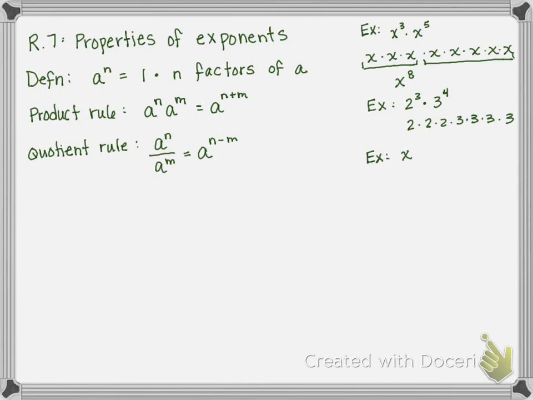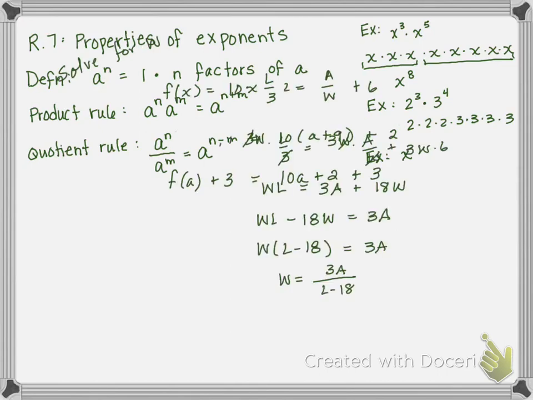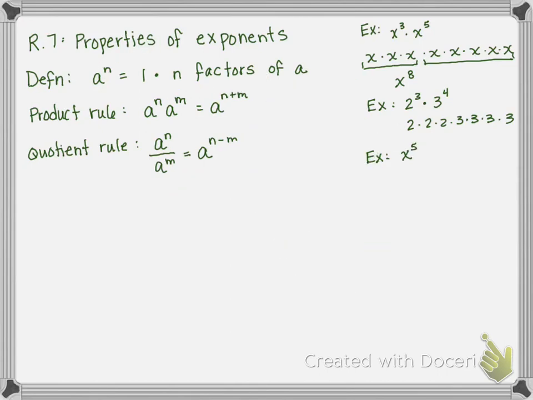if I have x to the 5th over x squared, this is 5 factors of x over 2 factors of x. And so, of course, 2 factors cancel.